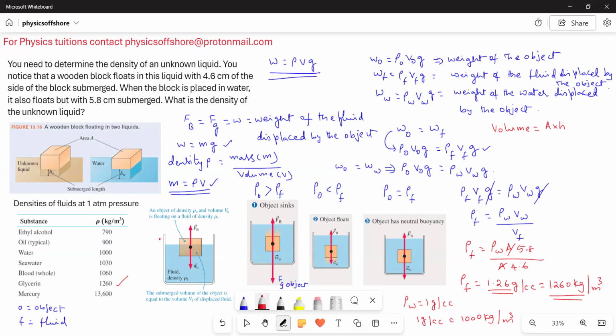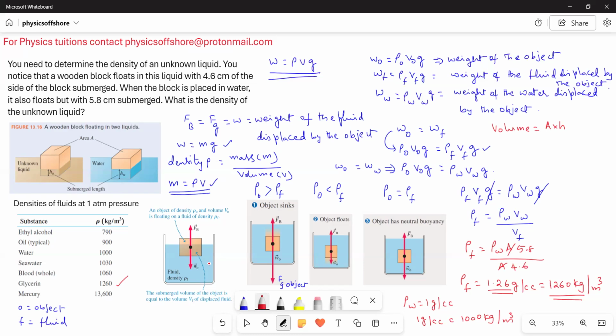So here in this case, the object is floating, so a part of the object is submerged in the water. According to Archimedes' principle, the buoyant force must be equal to the weight.